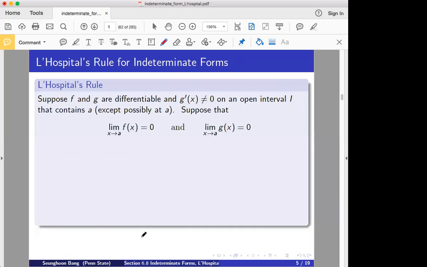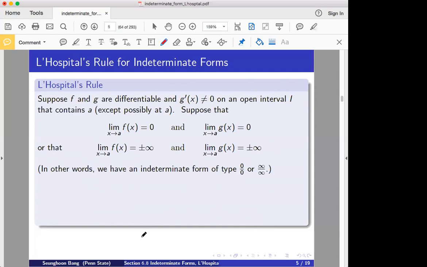Suppose that the limit of f of x as x approaches a equals 0 and the limit of g of x as x approaches a equals 0, or the limit of f of x as x approaches a is plus or minus infinity, positive infinity or negative infinity, and the limit of g of x as x approaches a is the same, positive infinity or negative infinity.